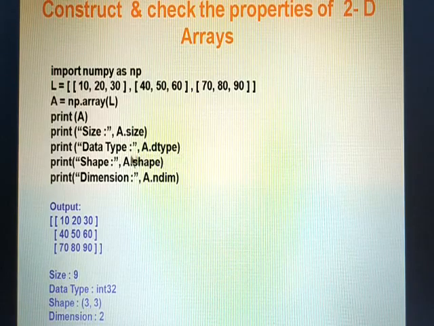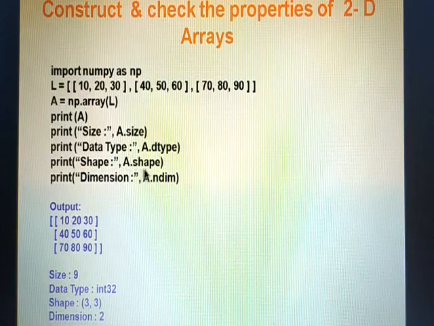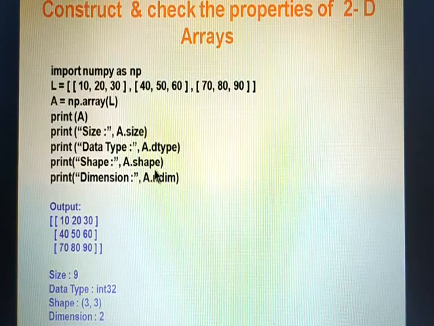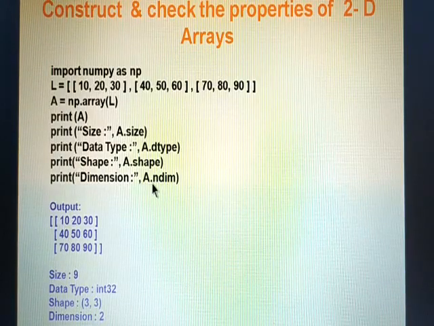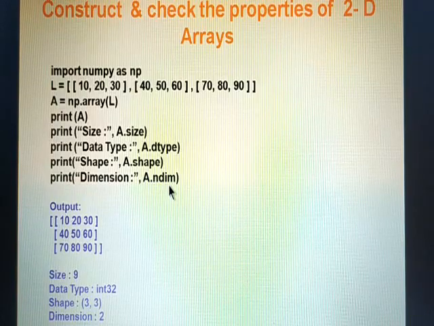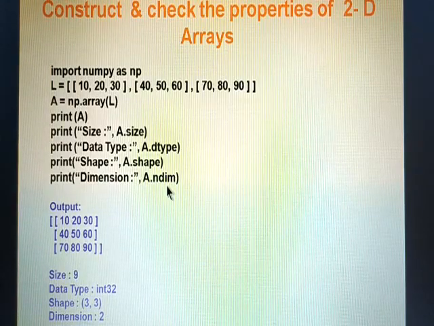And the next is print shape, a dot shape. This displays the shape of the array. And lastly, print dimension, a dot ndim. This displays the dimension, whether the array is one-dimensional, two-dimensional, three-dimensional, etc.